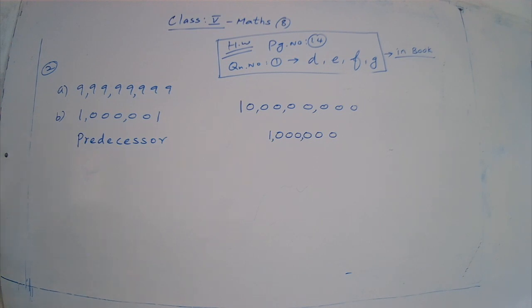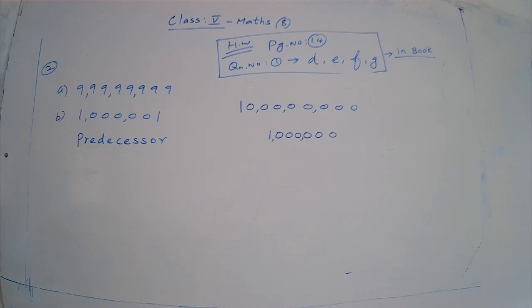Predecessor. 99,999,998 is the predecessor of 99,999,999. Okay, write it. Now you come to the fourth question, D part.